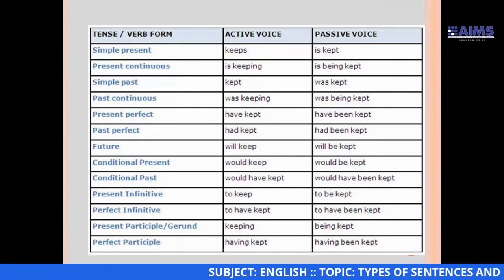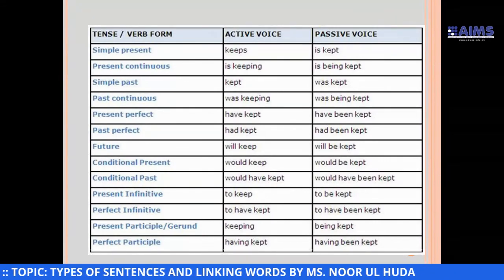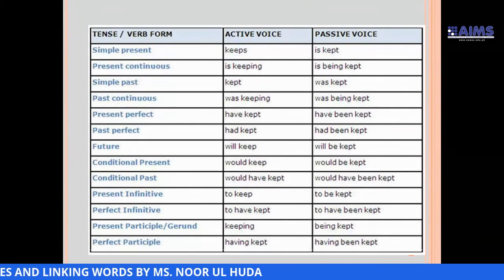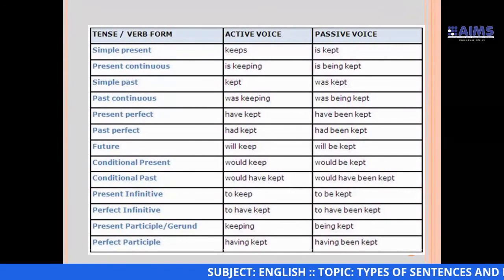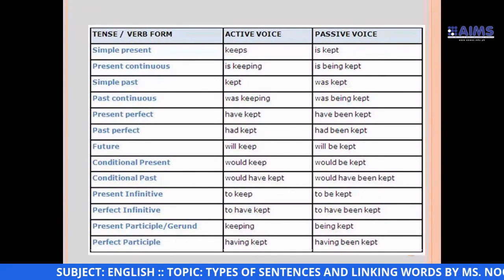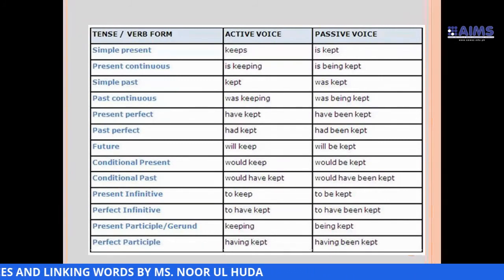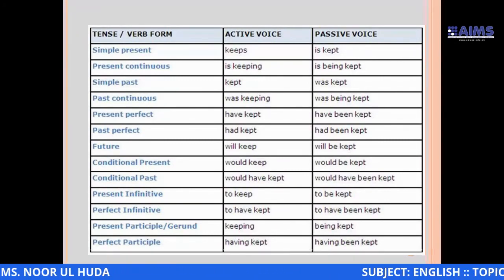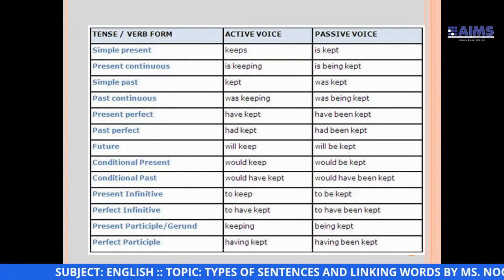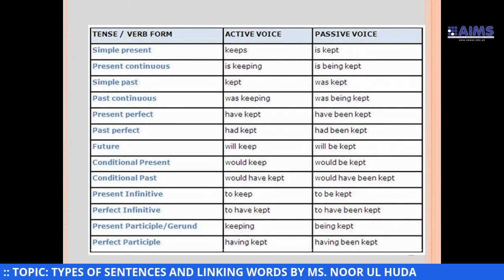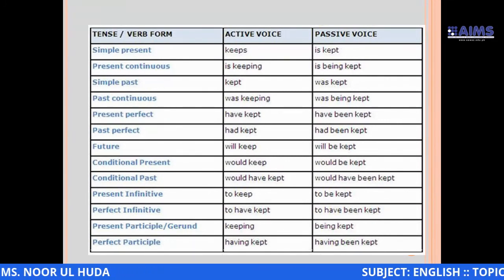Whenever we change the present perfect into passive structure, we take the help of be, and be's third form is been. Have kept, have been kept. So "he has kept the secret" becomes "the secrets have been kept by him" or "the secret has been kept by him."